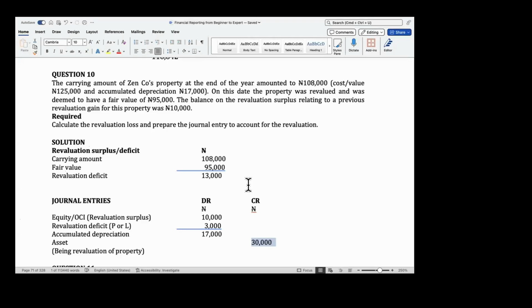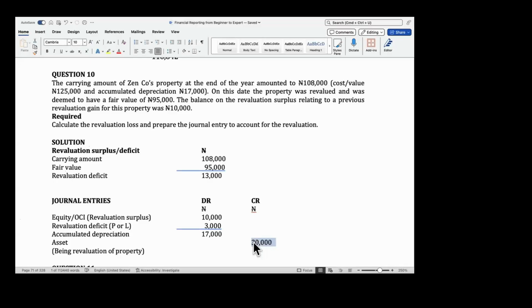It's the same principle. Take care of the accumulated depreciation. What did you say? Because we have to take care of the accumulated depreciation, we have to write it off. No, that is not why this one is 30. That's another thing entirely.